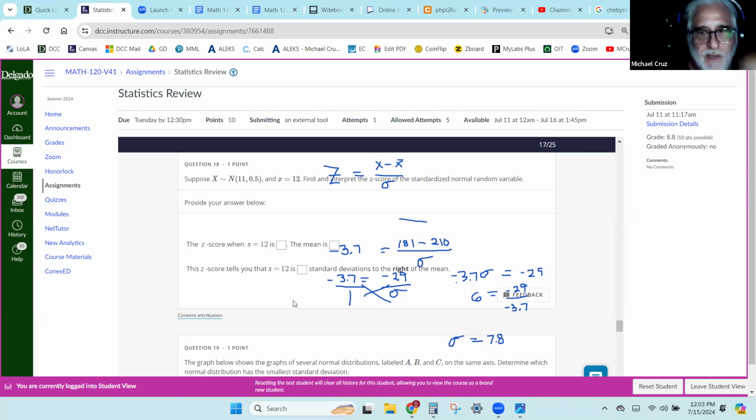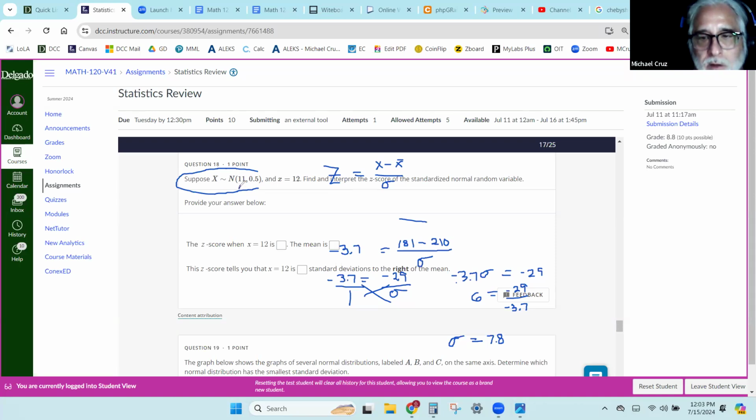All right, so this basically just tells us this little information right here. That just means that the mean is 11 and the standard deviation is 0.5. The N means that it's approximately normal. So all this is just saying that it's normally distributed with mean of 11 and standard deviation.